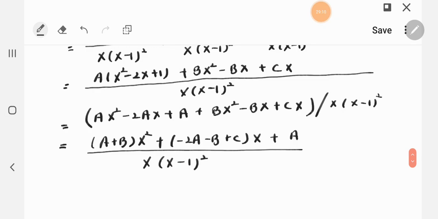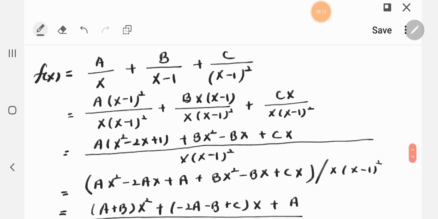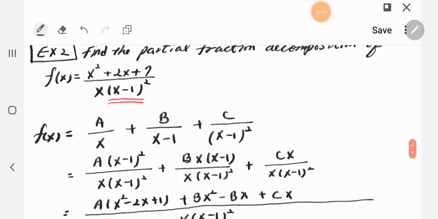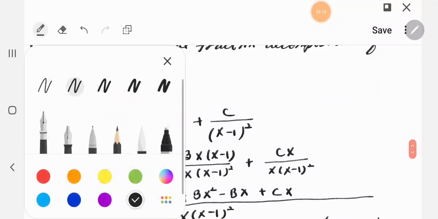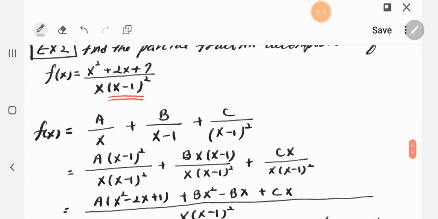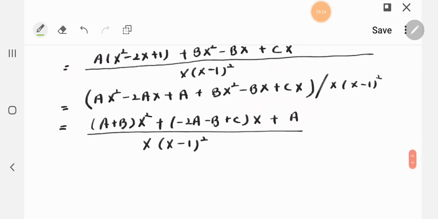Okay, let's compare this with the original function. Okay, the original function is this. x squared plus 2x plus 7 over x times x minus 1 squared.